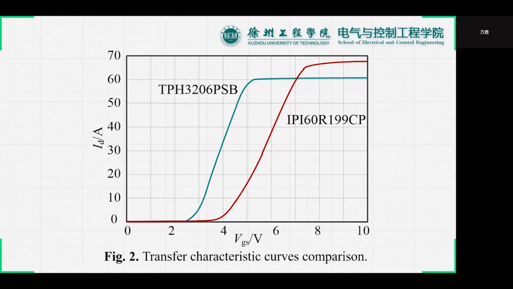Therefore, the threshold voltage of Cascode GaN HEMT is lower than that of silicon MOSFETs with the same voltage level, and the gate and source voltage have a stronger amplification ability to drain current.